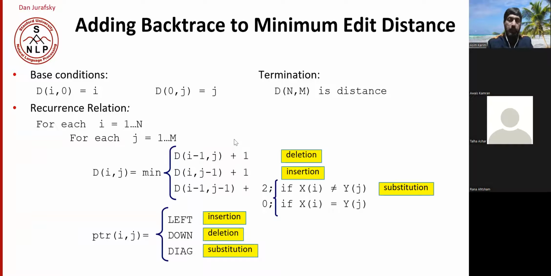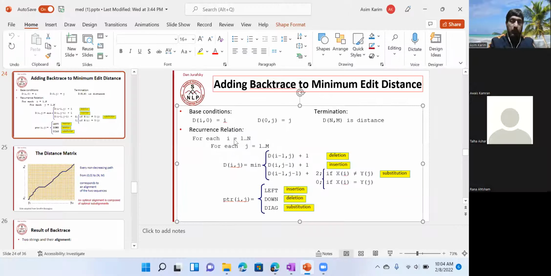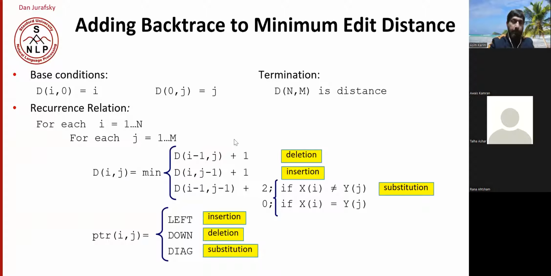So this is the minimum edit distance algorithm. Basically, if we have two strings, x and y, x is of length m and y is of length n, we want to compute the minimum edit distance between them.